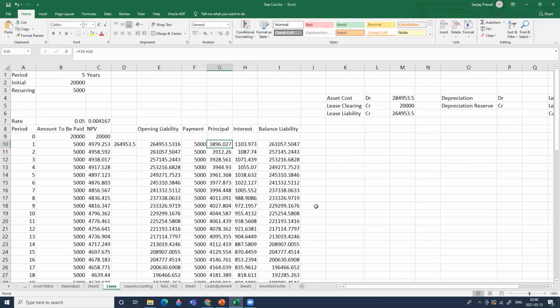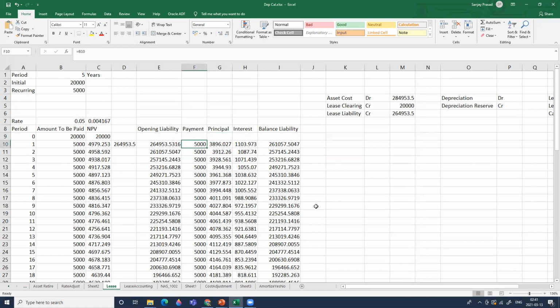That means whatever payment of 5,000 we make has two components. One is the principal component, second is the interest component. The interest component is my expense, whereas the principal component is going to be set off against my lease liability. That is how it can be systematically set off over a period of time.